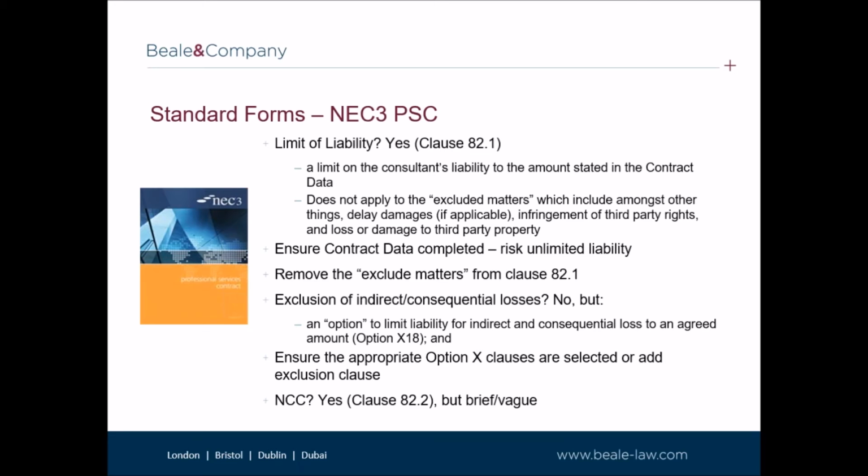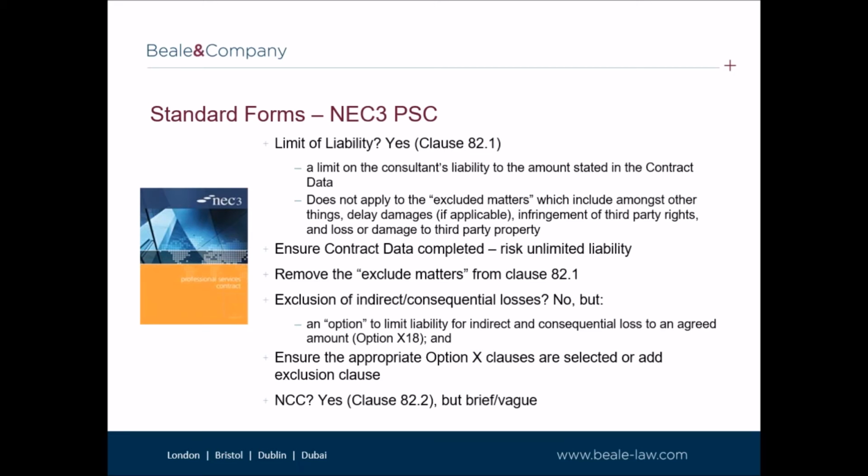However, the drafting of the limit of liability in Clause 82.1 does not apply to a number of excluded matters. This includes delay damages if applicable, infringement of third-party rights, and loss or damage to third-party property. Losses relating to third-party property could be significant, and this includes a rather large exclusion to the cap.